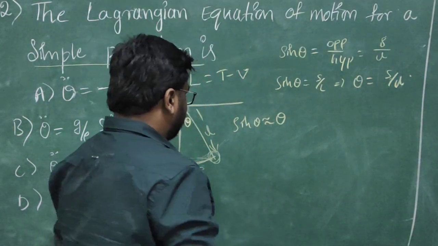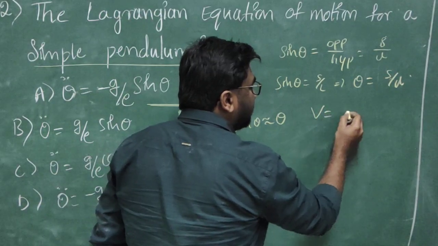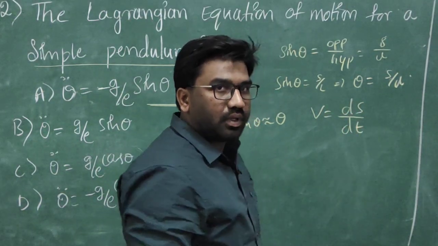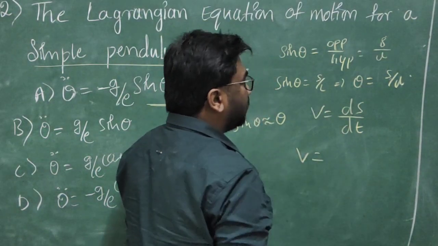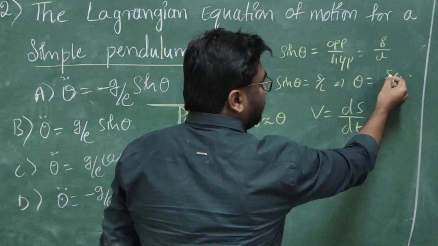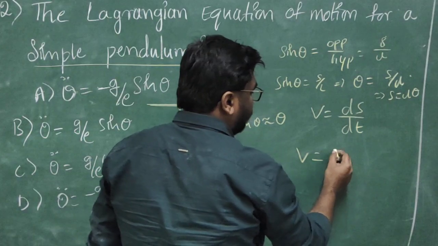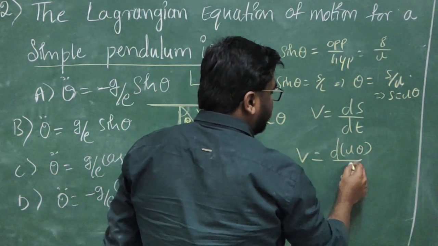Okay, and we know that velocity is nothing but ds by dt, right? Next, therefore v is equal to... what is S from this relation? S is nothing but L into theta. So d of L theta divided by dt.